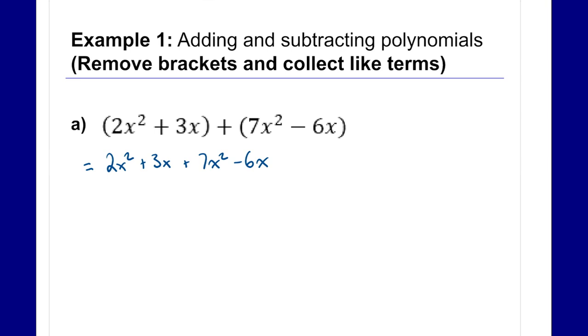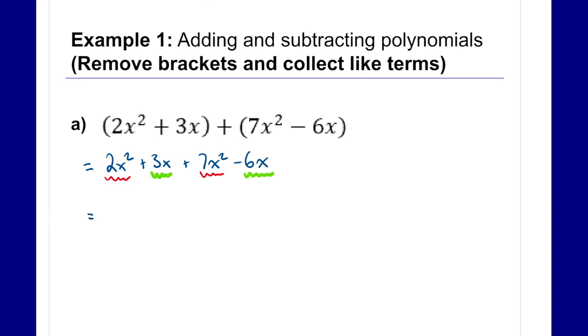So in this case, we have to remember a like term is a term that has the same variable and exponent. So when we're looking at terms here, the x squared terms are like terms, and the terms with the x's are like terms.